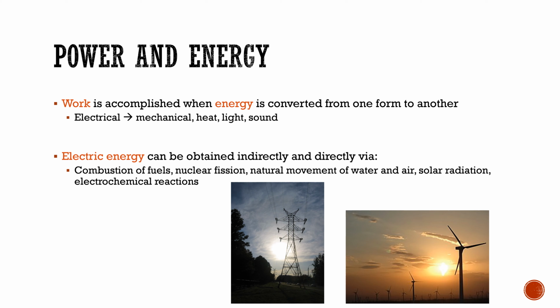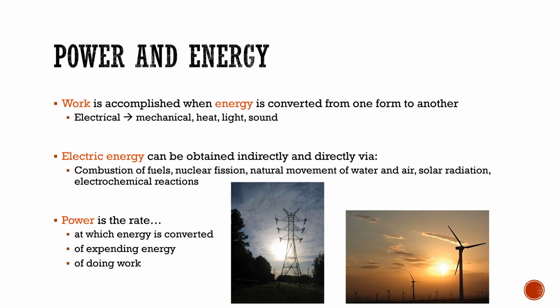I'm sure most of us have seen wind turbines throughout our travels, which use the natural movement of air, and hydroelectric power, which uses the movement of water. Electric energy from solar radiation is becoming more and more popular, and of course we all take advantage of electrical energy from electrochemical reactions when we start our cars.